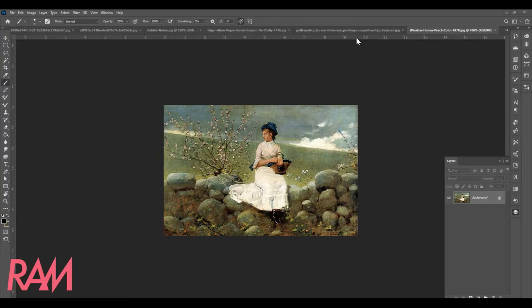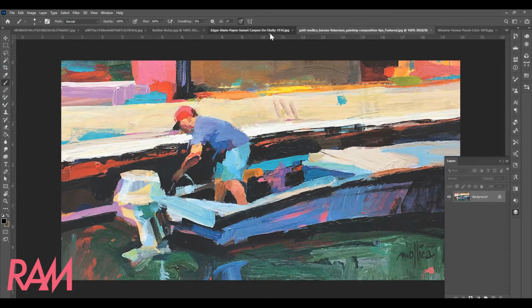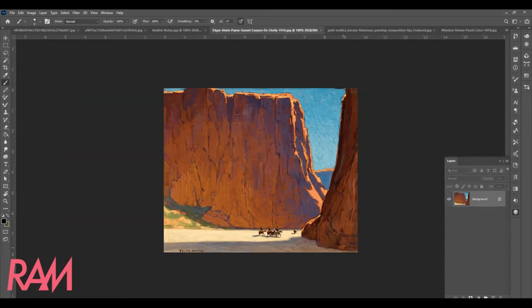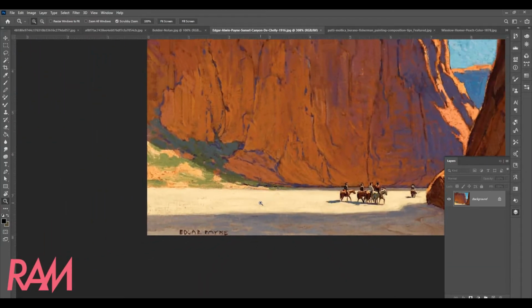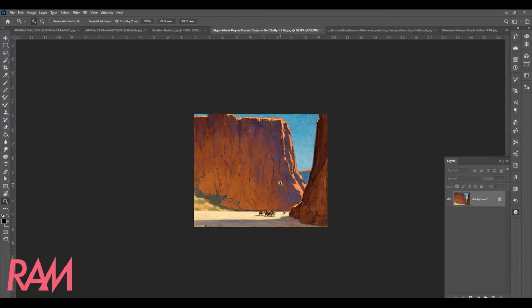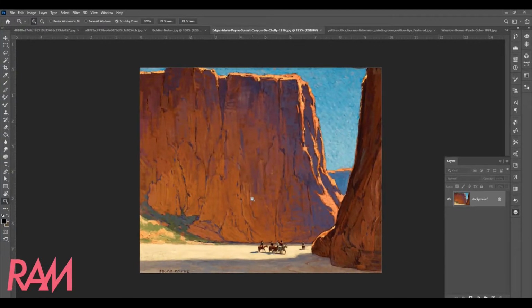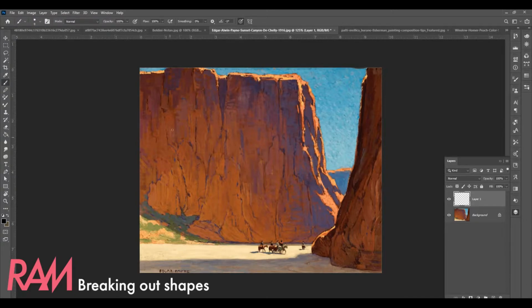For example, we have this painting right here by Edgar Payne. See his name right there. Like, for example, with this painting, what you see here is a giant rectangle, essentially.